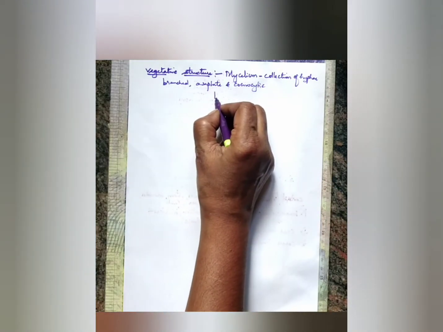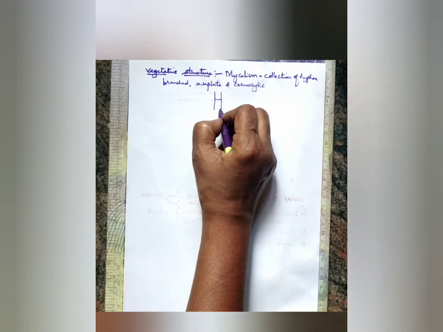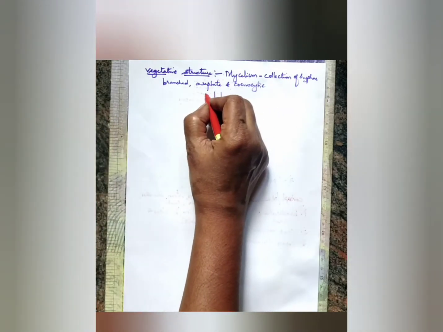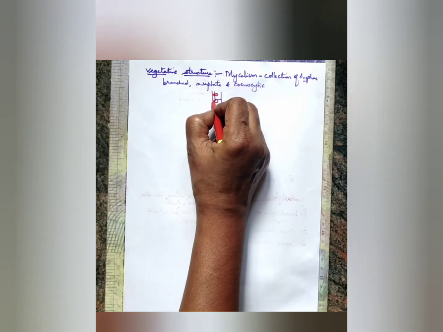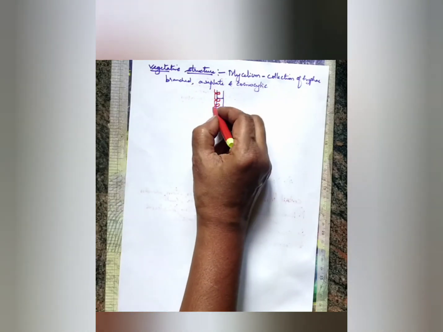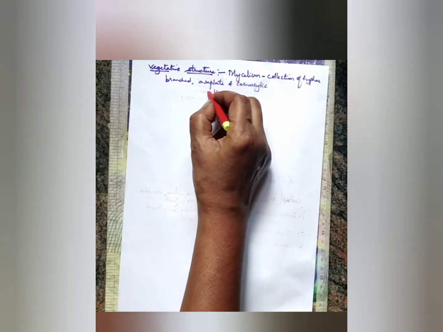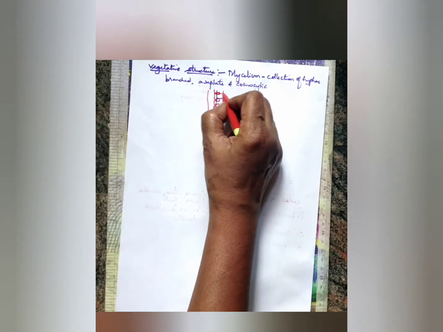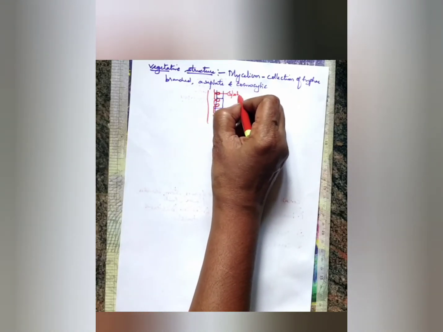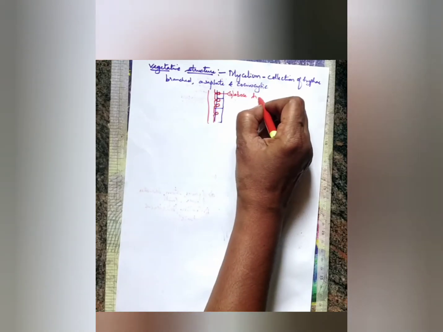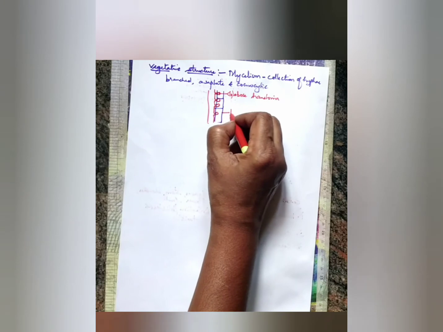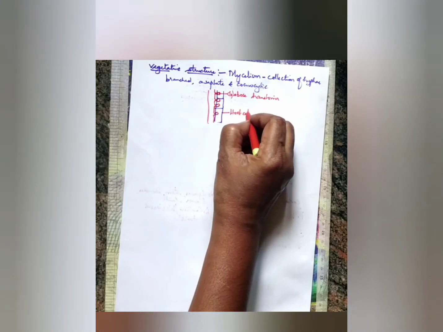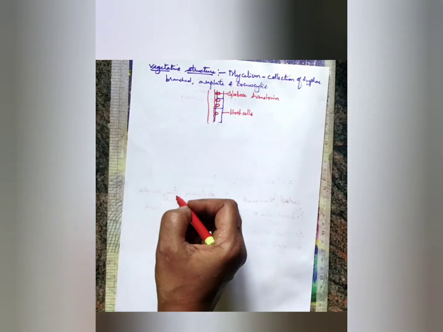This mycelium enters into the host tissue in between the cells. It is called intercellular. It grows in between the host cells and produces globose haustoria, which penetrate inside the host cells and absorb the nutrition.